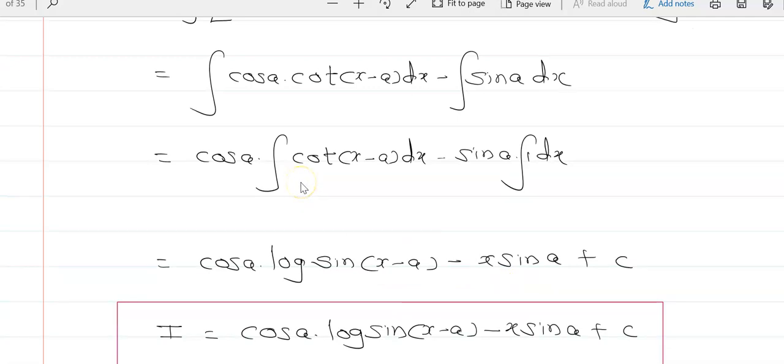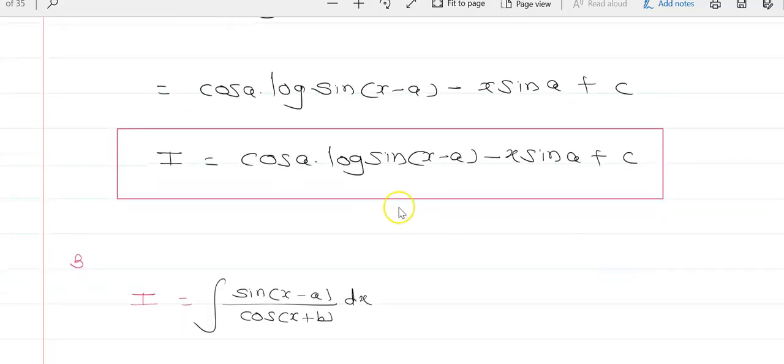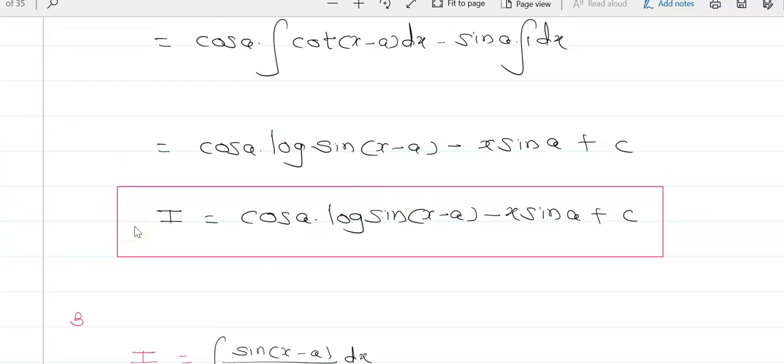Now what is the integral of cot of (x − a)? That is log of sin of (x − a), and the integral of 1 is x, and therefore it is cos a log of sin of (x − a) minus x sin a plus c, and this is the final answer. That is I is equal to cos a log of sin of (x − a) minus x sin a plus c.